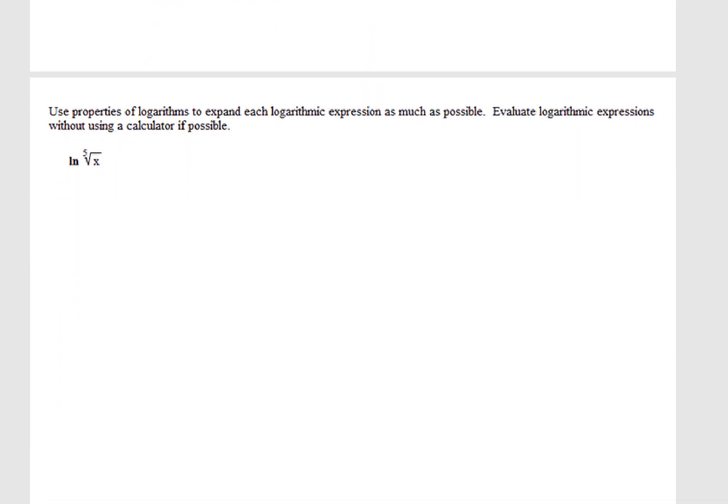Okay, so this one we have the fifth root of x. Digging back into maybe unit 2, I think we dealt with this, where we said if you take the index of the root of a value, you can rewrite it as an exponent.